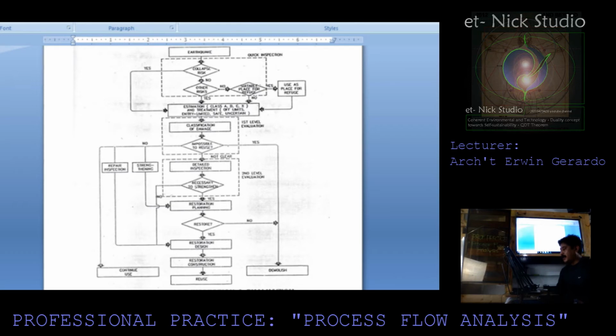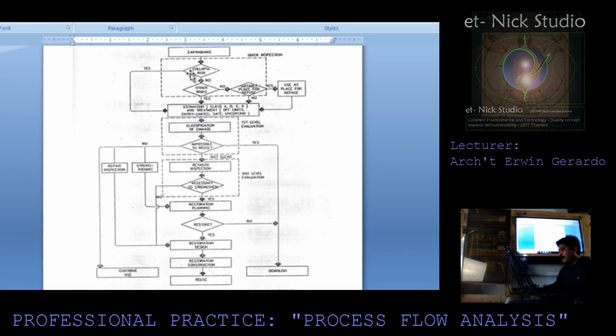So at the topmost part is the earthquake. Then take note, there is an arrow here that points to the next level of assessment. They are going to assess here the collapse risk. Now, it is answerable by no or yes.